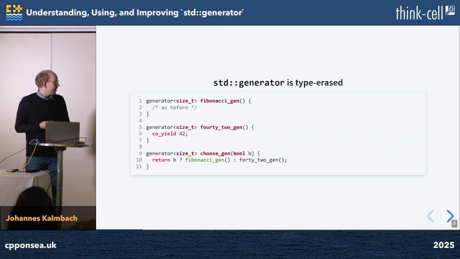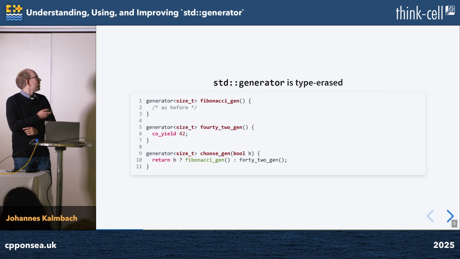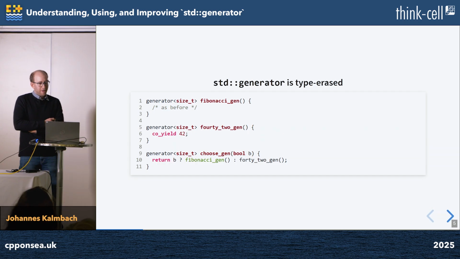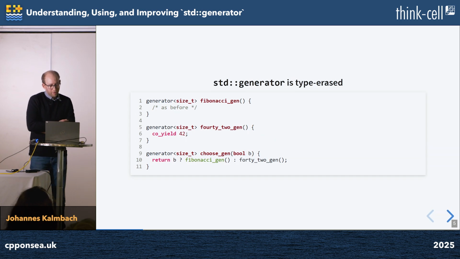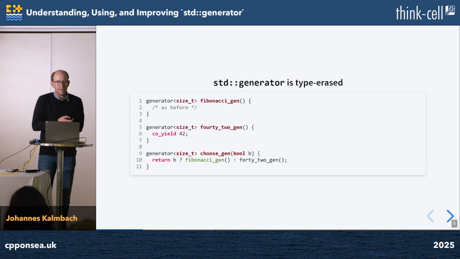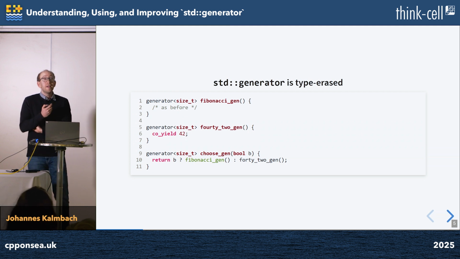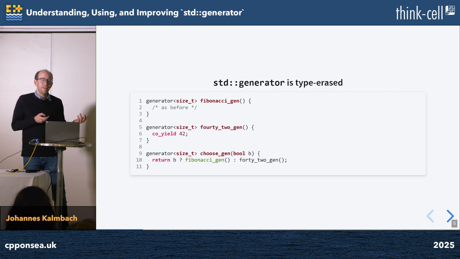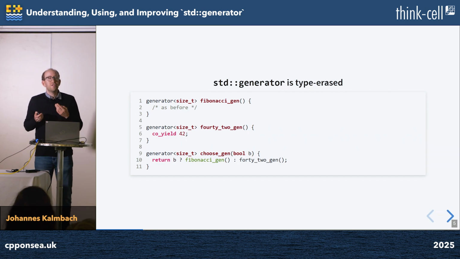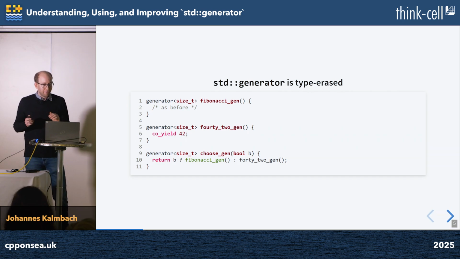If you look at this example here, you see what I mean by type erased. We have two generators, one on the first line, which is exactly the same as before, and then on line 5. And the important thing is, they do something different. They have different bodies. They have completely different logic. The one yields the Fibonacci numbers. The other one just yields the number 42 and then is finished.